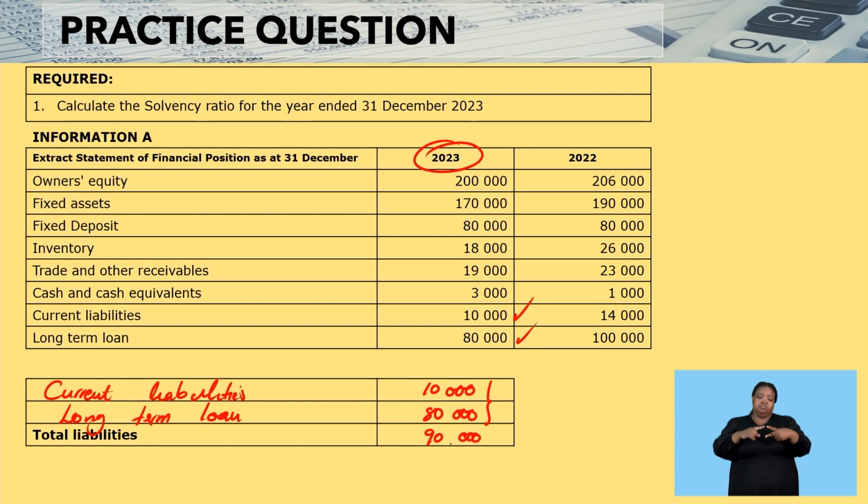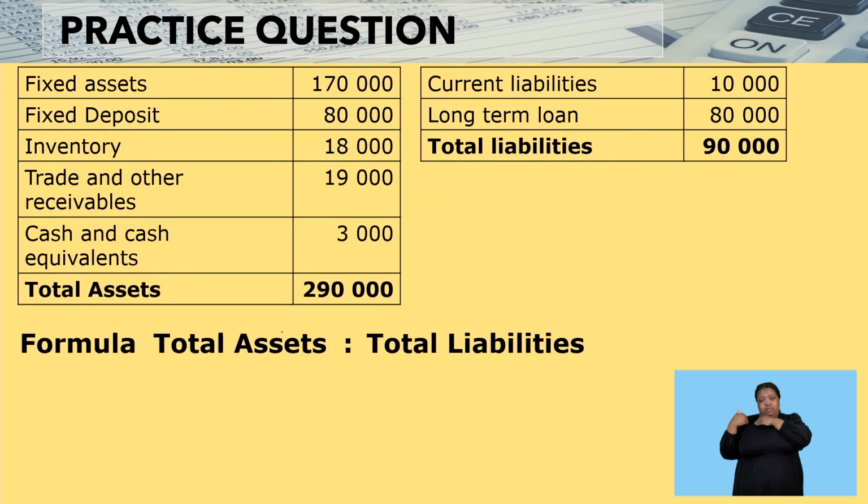Now that I have these two totals, total assets and total liabilities, remember, my total assets is 290,000. My total liabilities is 90,000. I can then use my formula to calculate the solvency ratio. The formula, remember, is total assets, so I'm going to have 290,000 here, as to total liabilities, which is your 90,000.